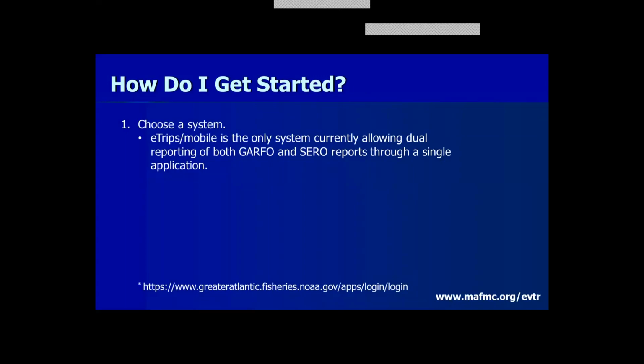So by that I mean when you fill out a VTR, you can hit submit, and the appropriate information will go to both GARFO and SERO. The other applications are moving towards this, but right now it's only eTrips mobile that allows this reporting.